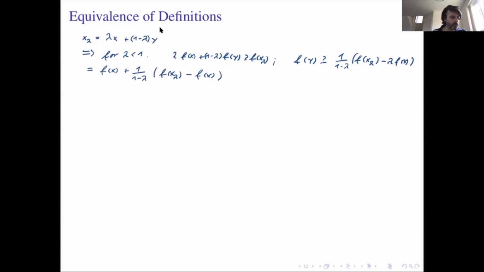So essentially what you're doing here is just observe that 1 minus lambda f of x minus f of y over 1 minus lambda is equal to minus lambda, 1 minus lambda f of x.